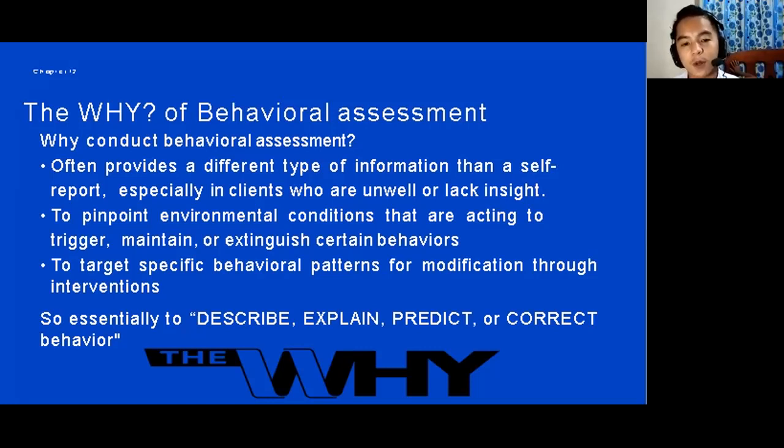Say, for example, giving interventions like classical conditioning for phobia and operant conditioning for behavior. Essentially, we conduct behavioral assessment in order to describe, explain, predict, and correct behavior.